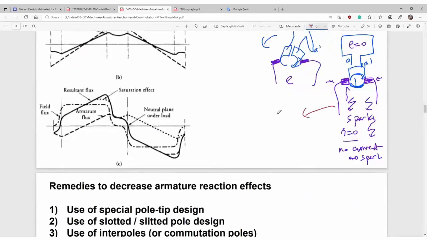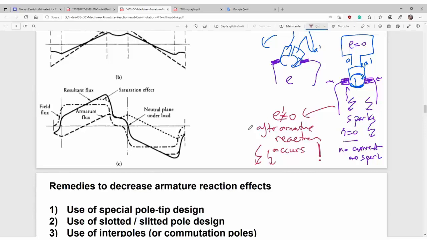The electromotive force will be different than zero after armature reaction occurs. So there is a spark. Oh my gosh, you said there's no spark and then you said spark. Yes.